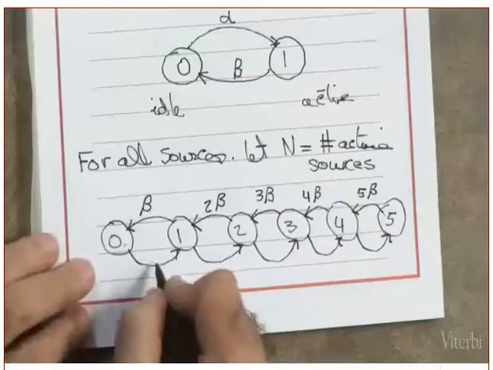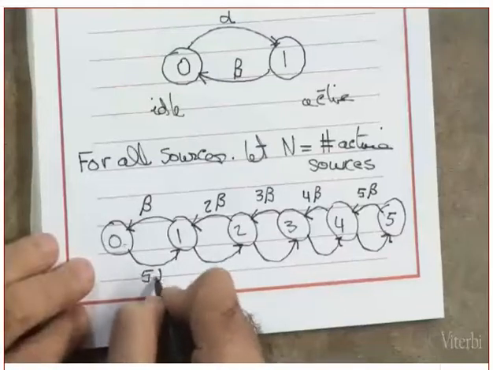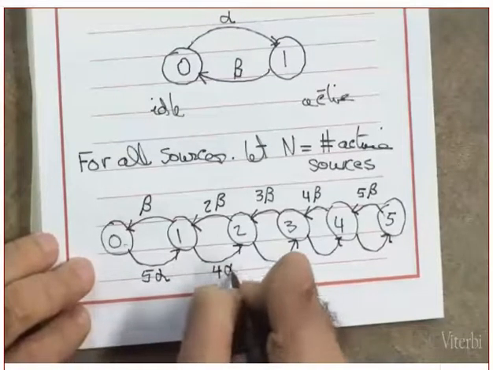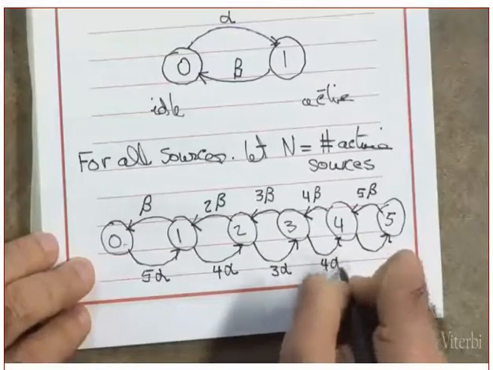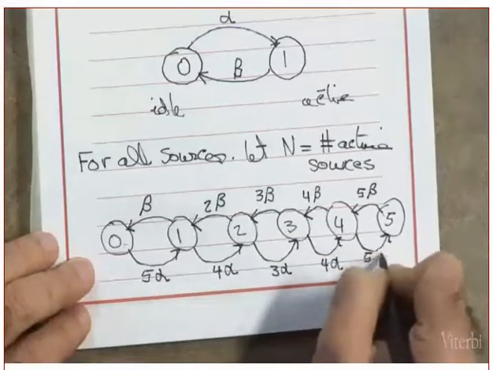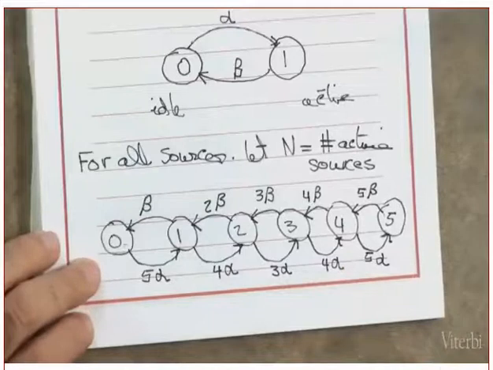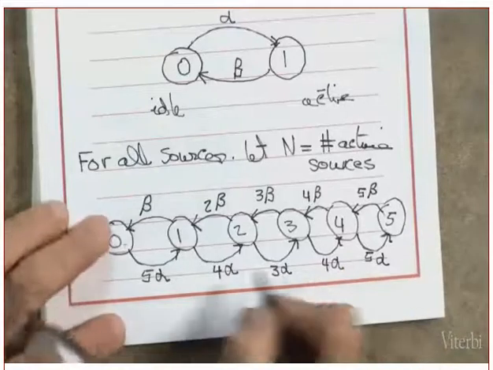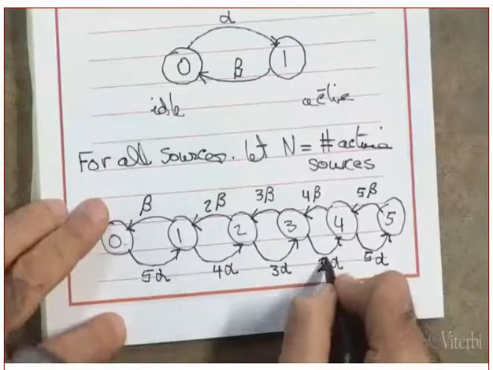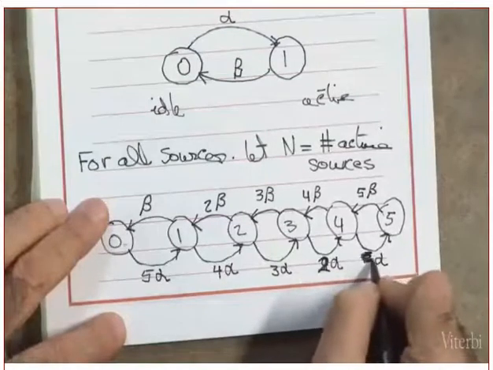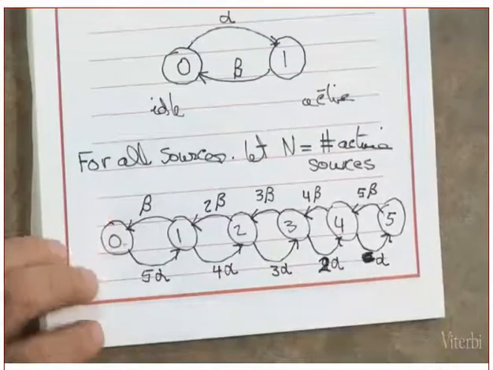So what do I have here? 5 alpha, 4 alpha, 3 alpha... Did I make a mistake? No. 2 alpha. I'm sorry. 2 alpha. And this one is alpha. I'm sorry.